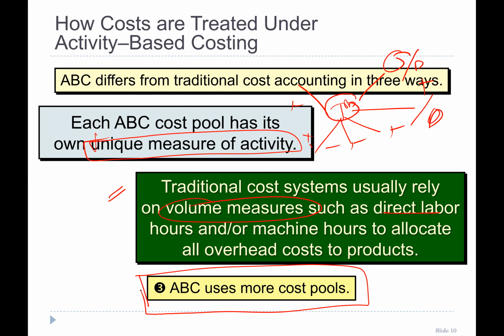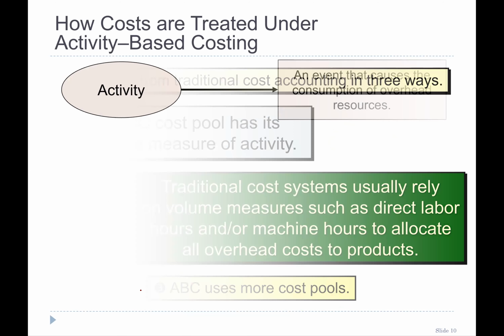In our previous example, we used different cost structures, but one denominator, like direct labor hours. The manufacturing overhead is based on direct labor hours, machine hours, or labor cost, right?